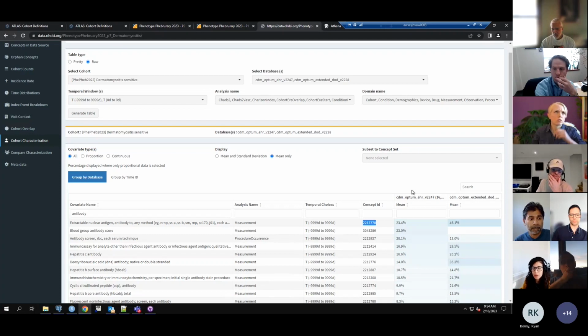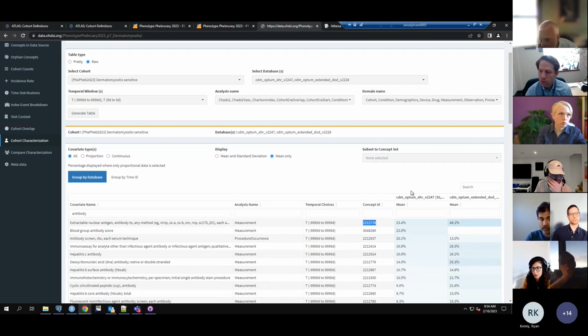But what this is showing us, if you build a logic that requires just the measurement, a lab, to happen, not looking at the value but looking at the fact that a measurement took place, and you included that particular code, and you opened up the time window, then you expect to cover at least something around 50% in one database, or 23% in another.